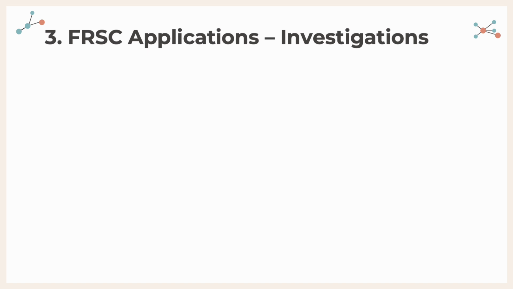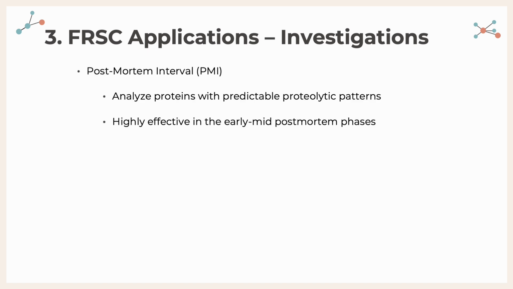The next topic under investigations is the postmortem interval. We're using proteins such as alpha enolase, malate dehydrogenase, peroxiredoxin 2, and others such as GAPDH and EEF1A2 in skeletal tissue to predict how long ago a person died. That's essentially what it is. All these proteins that I listed do have a predictable half-life.